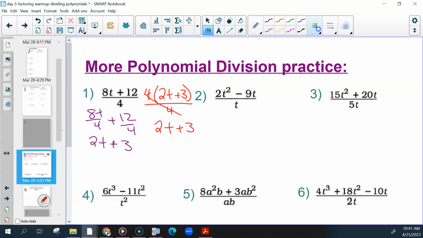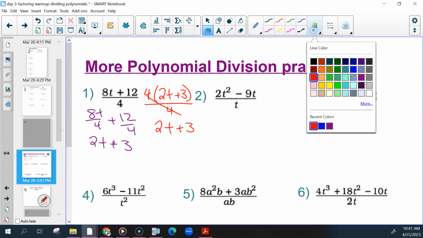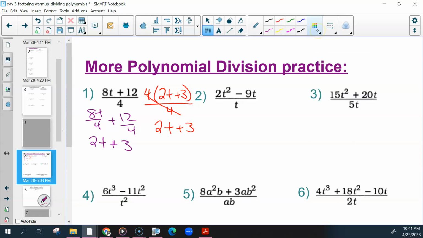Questions on that before we do one more and then it'll be time for lunch? Okay. For number 2, if we were to split it, what would this become? T minus 9.